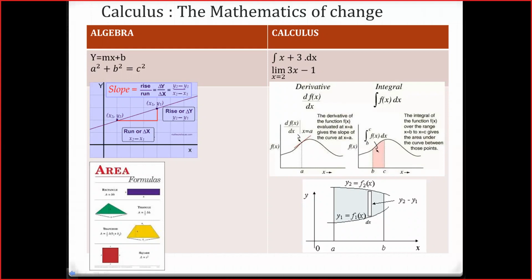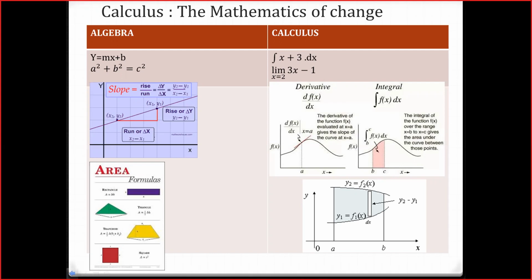In algebra, you deal with the slope of a direct line. But in calculus, you deal with complex shapes, like derivatives and integrals, as you see here. In algebra, you dealt with the areas of a triangle, trapezoid, and square.